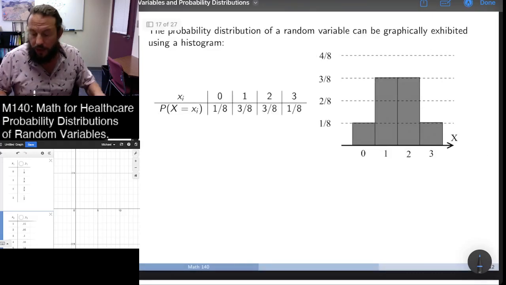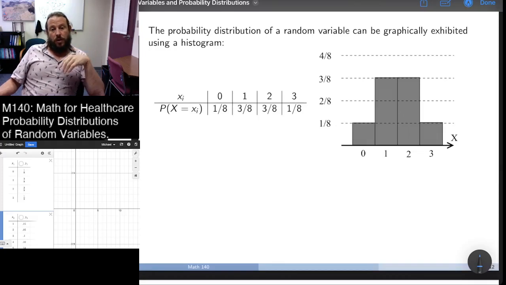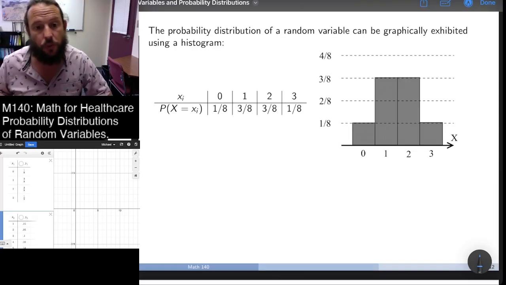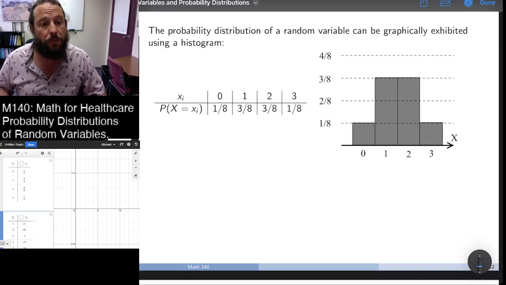Now, one thing with probability distributions of random variables, we could look at them graphically, and when we have discrete random variables, it's going to be a histogram, and this is what it would look like. And if you notice, if you consider each block being a width of 1, and you add up that shaded region, the area is 1.